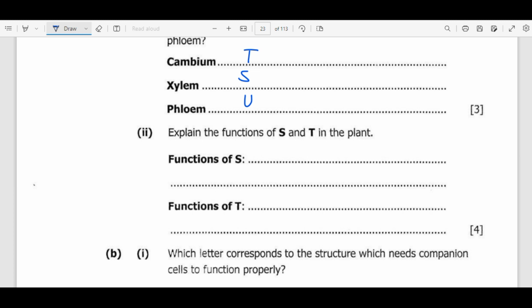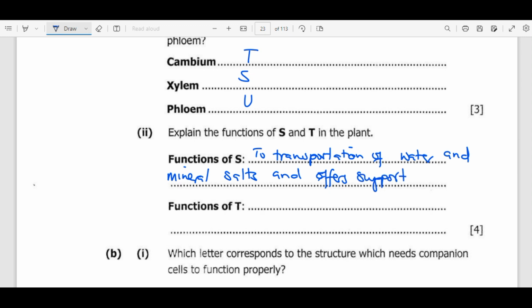So number one, it is a conduit where water and minerals pass through: transportation of water and mineral salts, and it offers support.